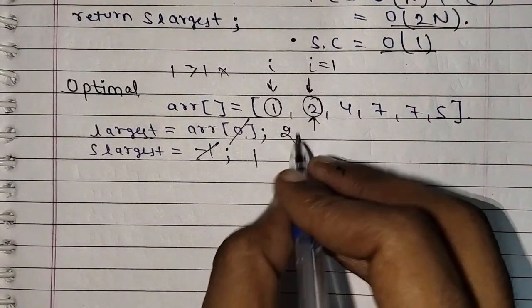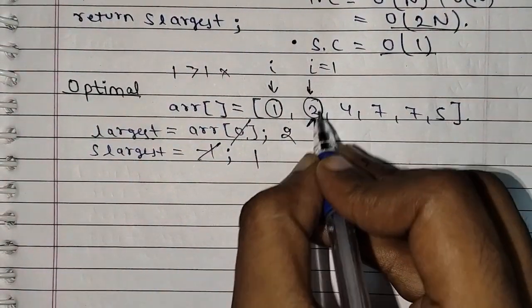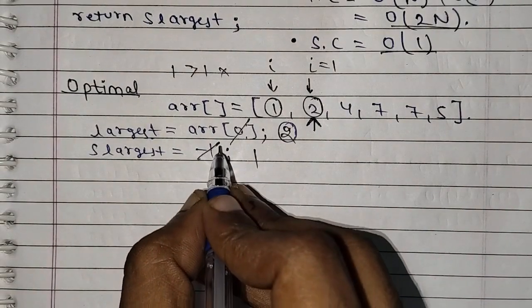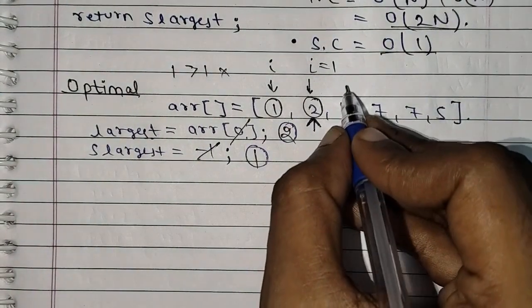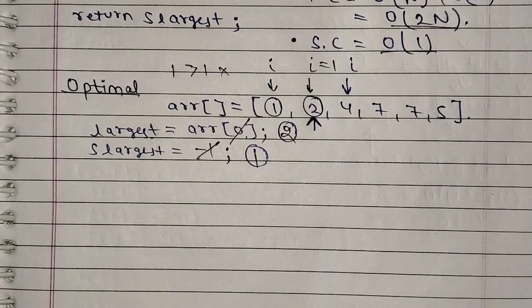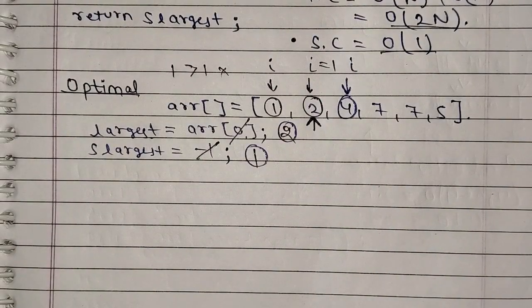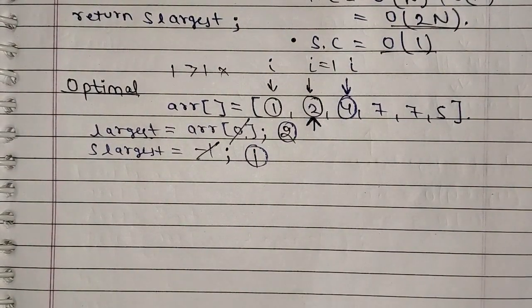By this we say that the first largest becomes 2, and the value of largest is stored in second largest. Okay, now we have to move our I to 2, and then compare. Hey, are you greater than largest?